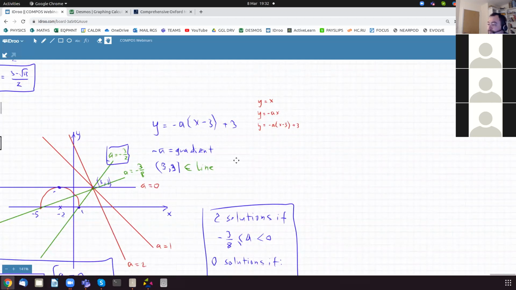Oh, so just like y equals minus ax always goes through 0, 0, therefore y equals minus a times x minus 3, plus 3 always has to go through 3, 3. Yeah, of course, the same logic. Oh, I see. Yeah, I get it now. Okay. Thank you. You're welcome.